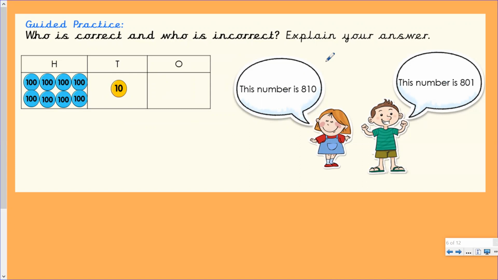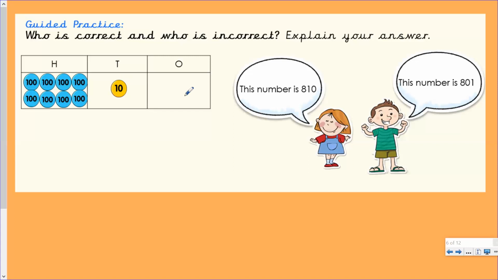Okay, so let's see what number this place value grid represents. 100, 200, 300, 400, 500, 600, 700, and 800. We have one tens counter in the tens column, so 810.